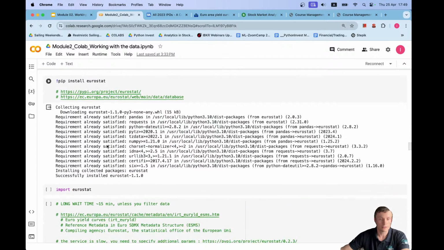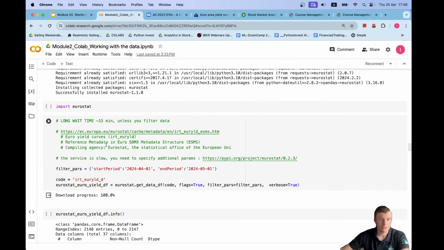So Eurostat. I just changed this in the last two hours. It used to be a long wait time when I wanted to see all the periods available. As you can see here, I limited it to only 1 month.